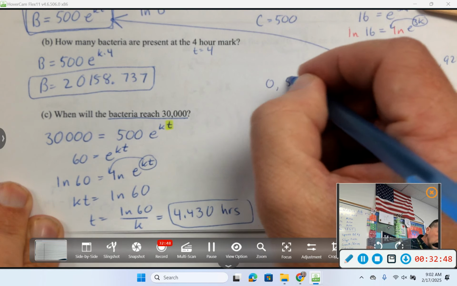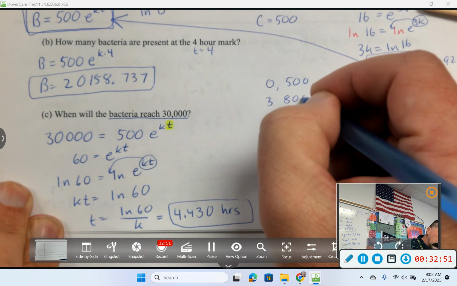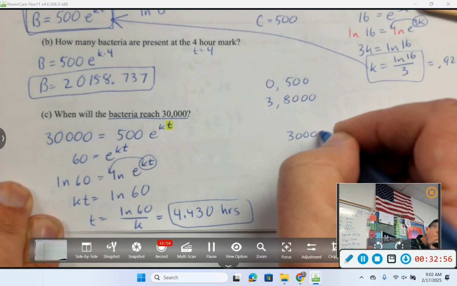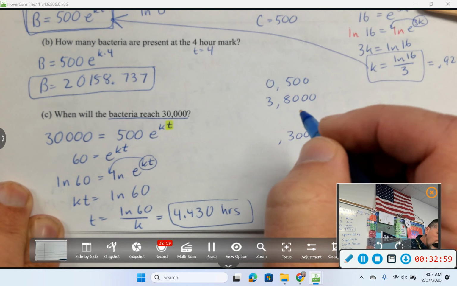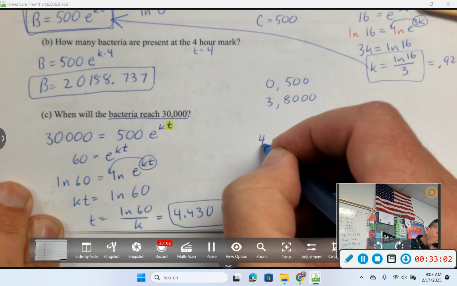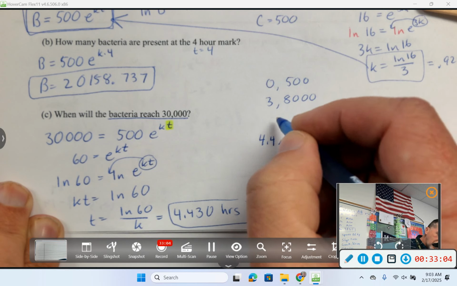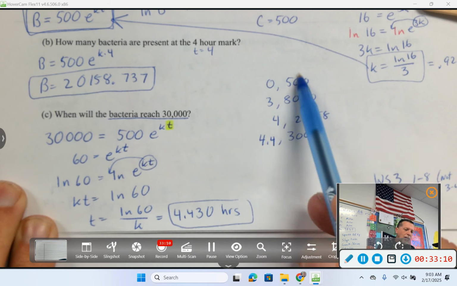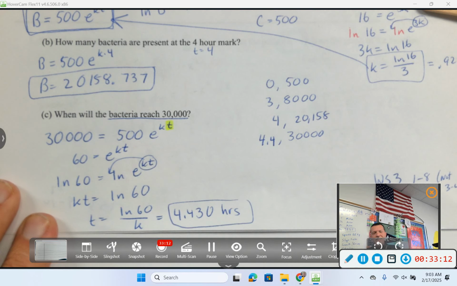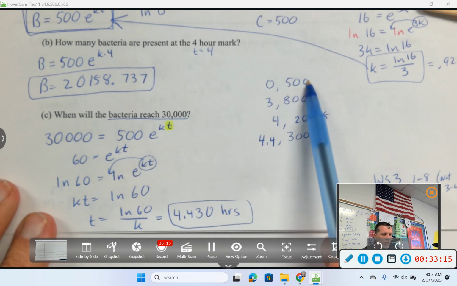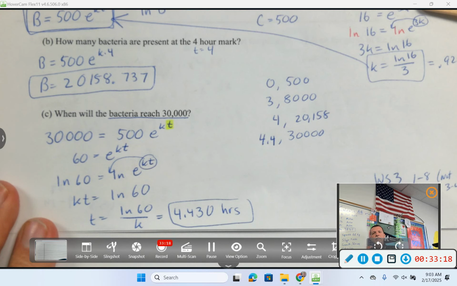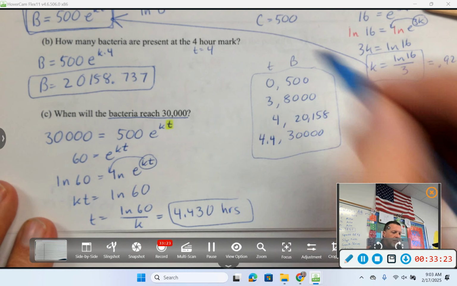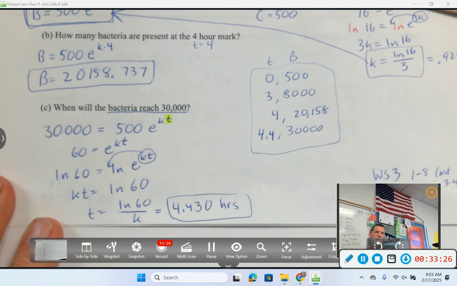Didn't really have room, but if I'd have kept up with all of our data points here, we found when it was 30,000, that was at 4.4 hours. At 4 hours, it was 20,158. If I list them all in order, that kind of makes sense. Nothing's out of order there. We're increasing as we go. So just putting all the data in one spot helps me keep track of if I've made any crazy mistakes in there.